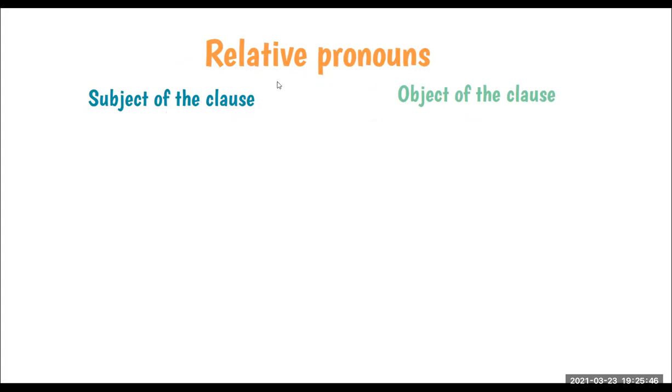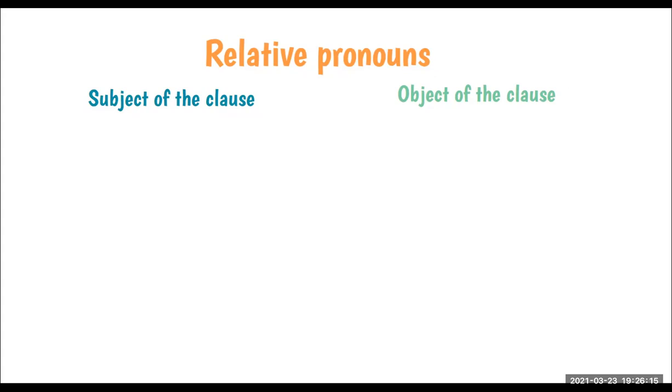Okay, so some of these relative pronouns act as the subject of the sentence. Okay, and what is the object of a sentence or of a clause? What is the object? Do you remember? How can we define object? The object or the person who receives the action. Very good.